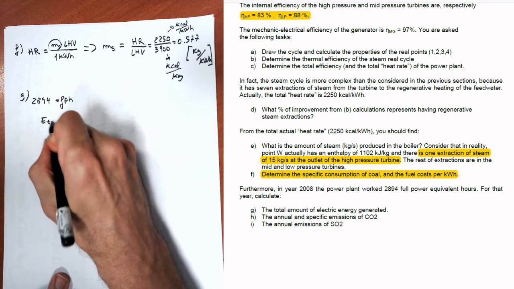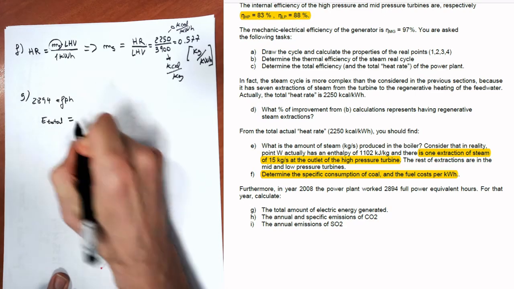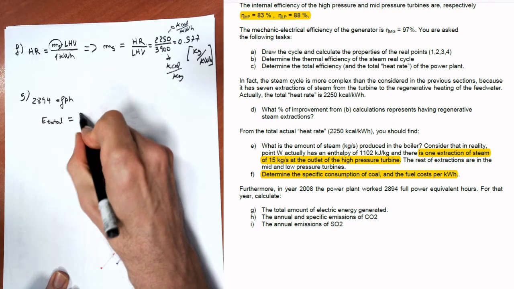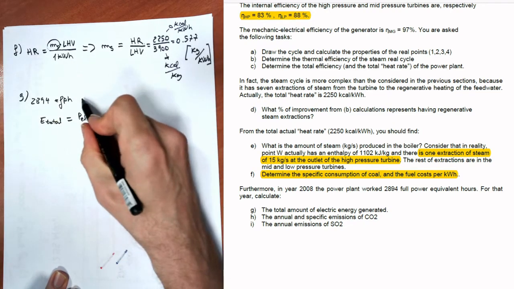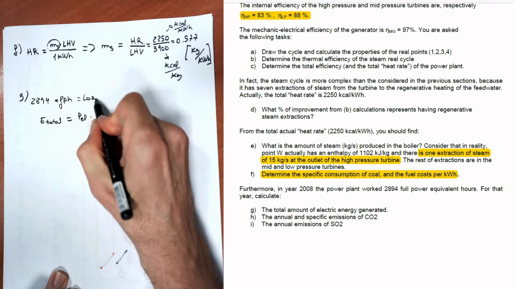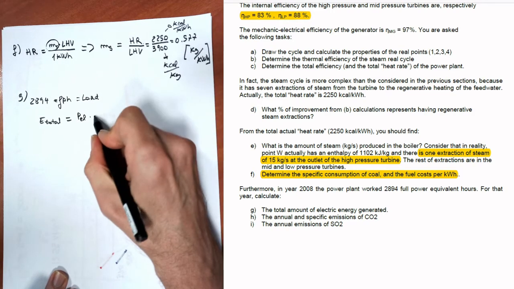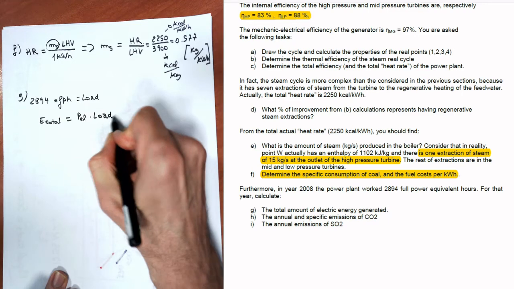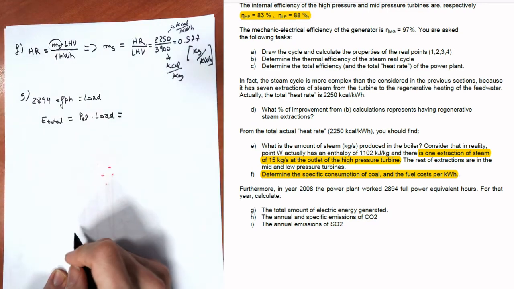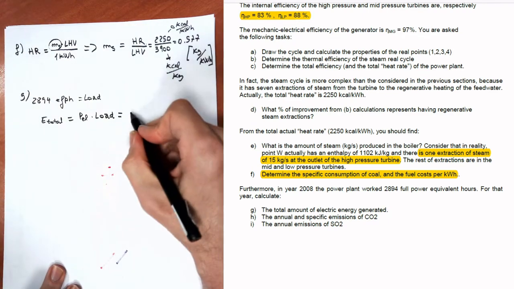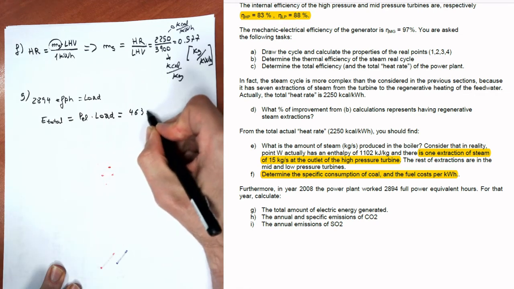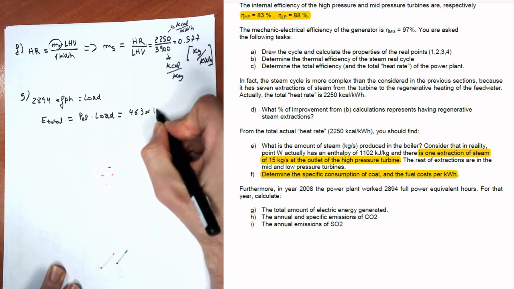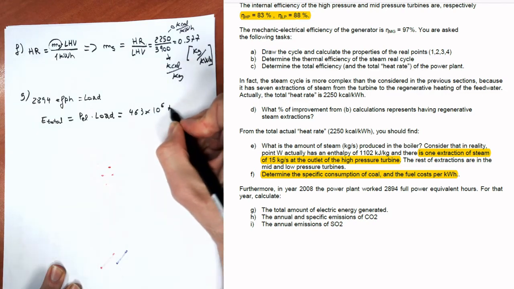The total energy generated will be the electrical power multiplied by the load, number of hours that it was operating at full power. So this one is as simple as this, and we get 463 multiplied by 10 to 6 kilowatt hours.